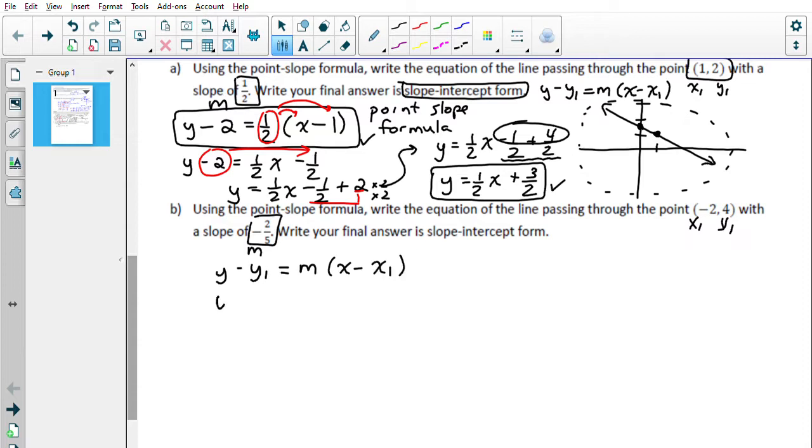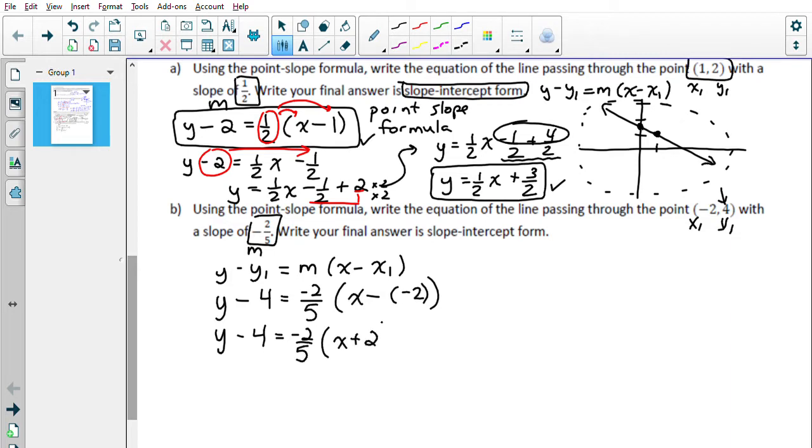We will now plug in: y minus, the y1 is 4. So y minus 4 equals -2/5 times (x subtract -2). So I'll do lots of steps here. So y minus 4 is -2/5 (x plus 2).